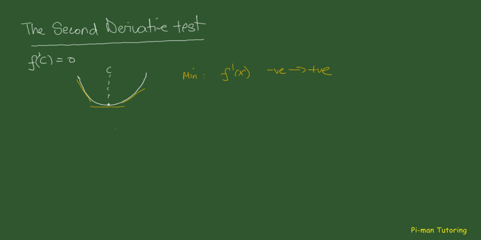Another way you could do this is by using the second derivative, because the second derivative gives us the rate of change of the first derivative. But at a minimum, my rate of change of f dashed of x, since I'm going from a negative value to a positive value, must be positive.